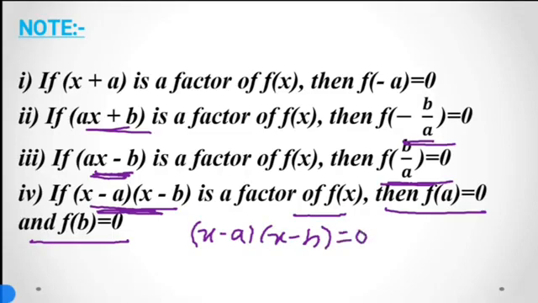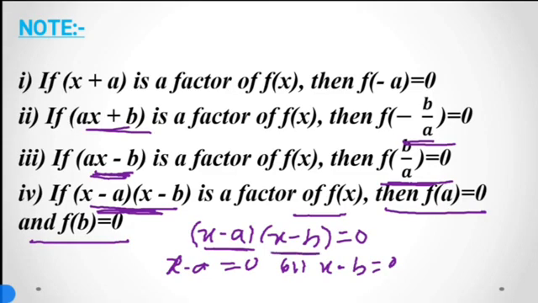So this means we are going to equate x minus a equals 0 or x minus b equals 0. If we put any of these values as 0, the entire thing is 0, because 0 into anything gives 0.